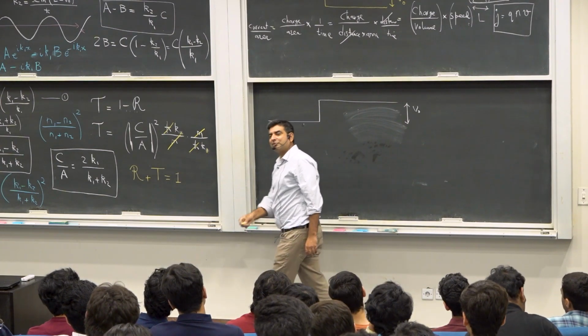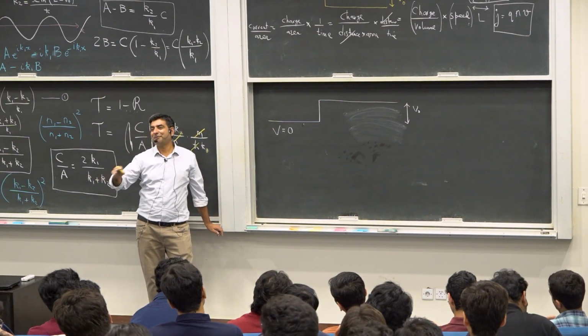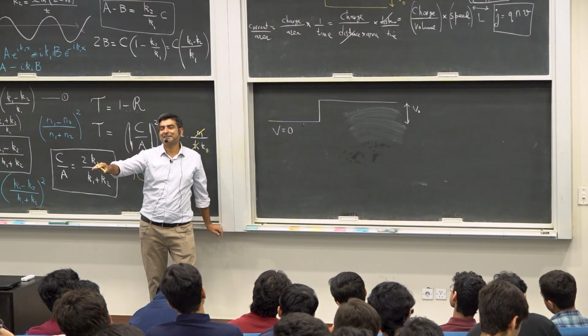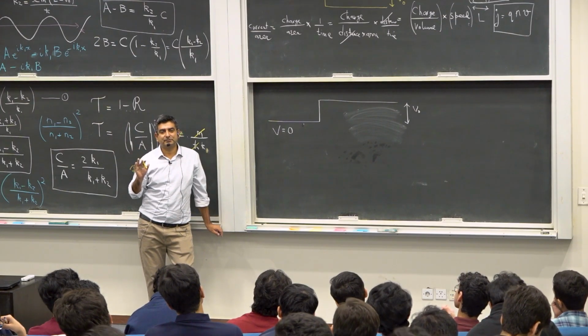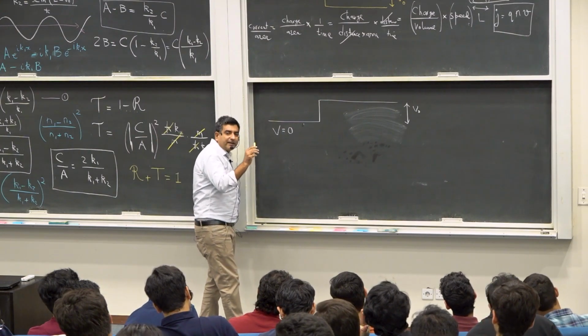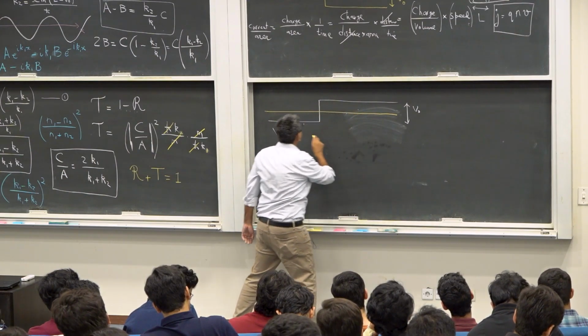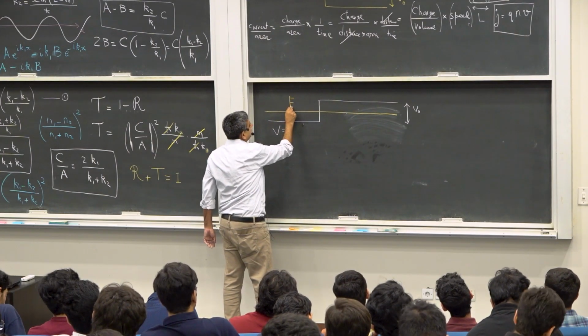But now an electron is again injected. Now this is something really interesting. You will not find this anywhere in classical physics. Suppose I have an electron whose energy E is now less than V naught.